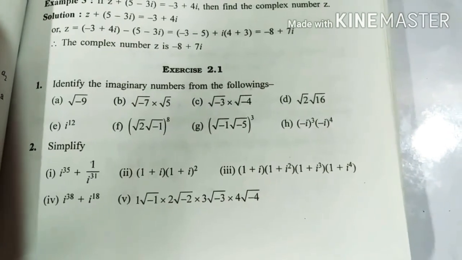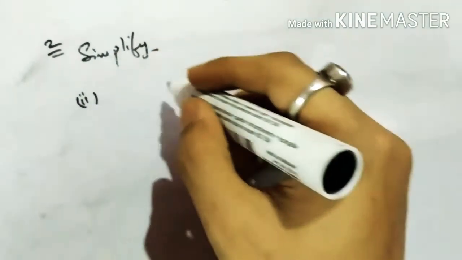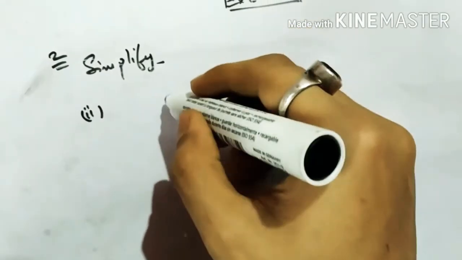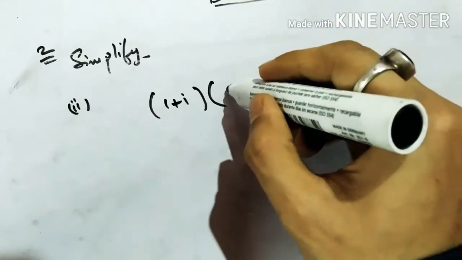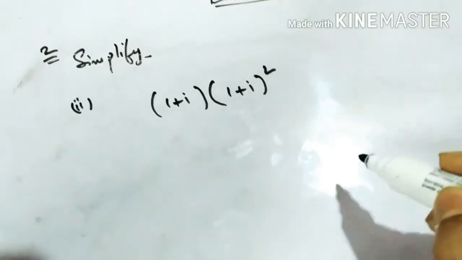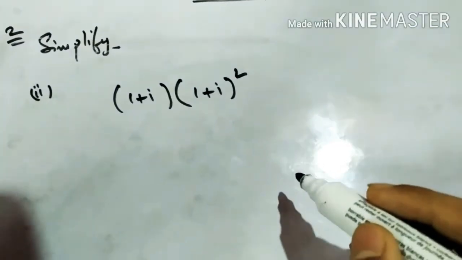Next, type 2: 1 plus i the whole square.